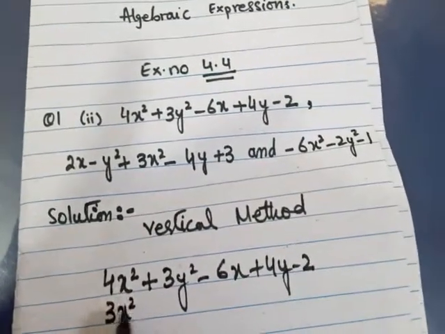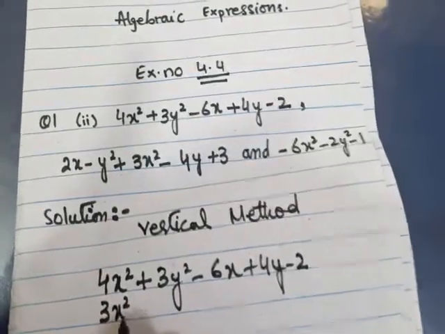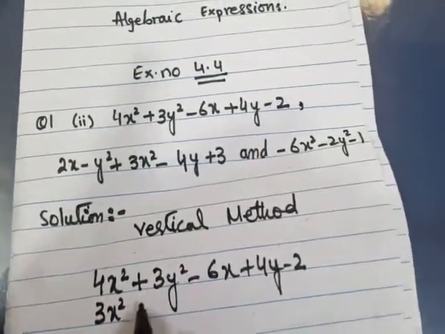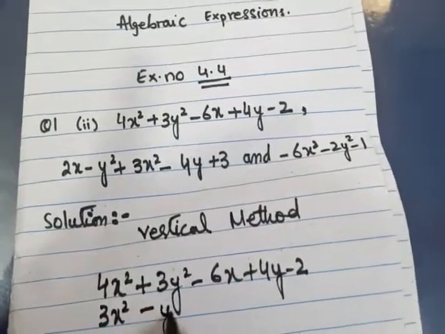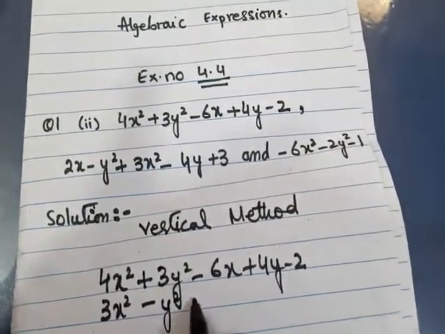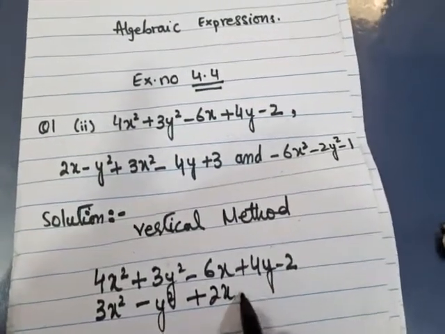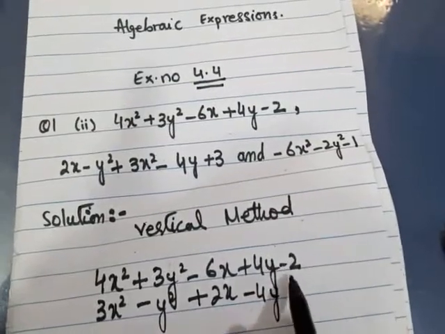As 4x squared and 3x squared are like terms, we copy them under each other. Then 3y squared and minus y squared, minus 6x plus 2x, plus 4y and minus 4y, minus 2 and 3.